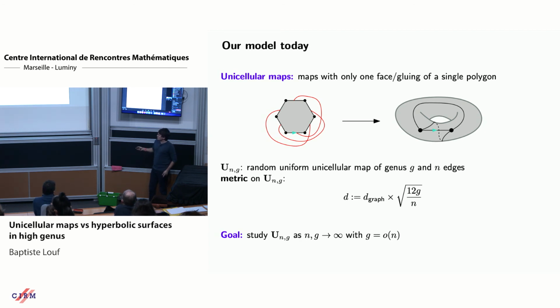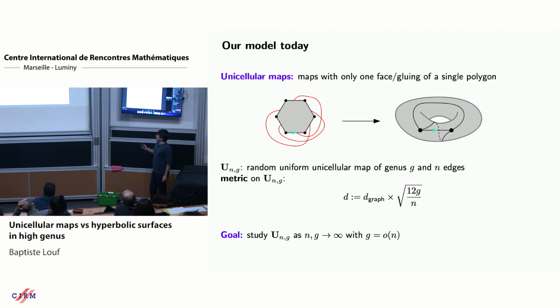They can go almost however they please to infinity. The only restriction is that g goes to infinity more slowly than n. So what it means also is that this is going to 0. So I'm really rescaling this graph distance not by a constant.